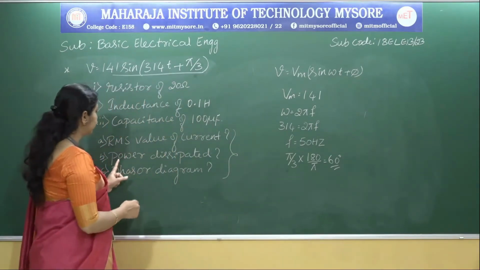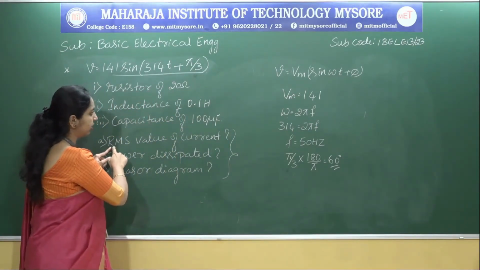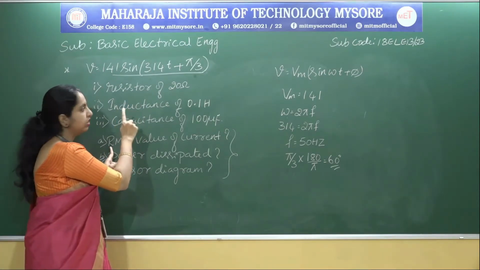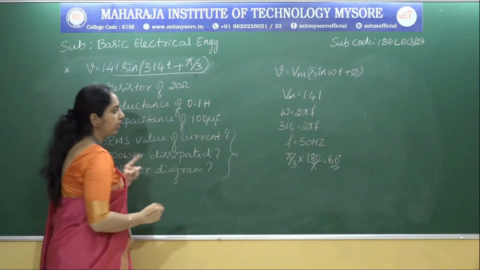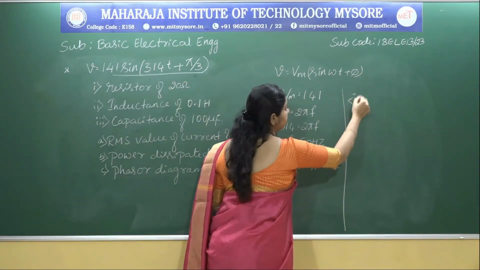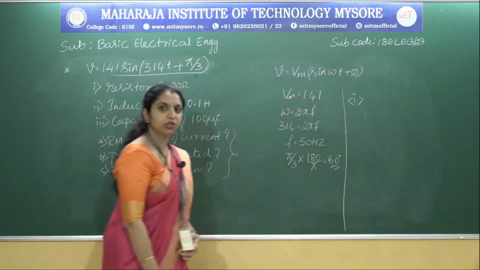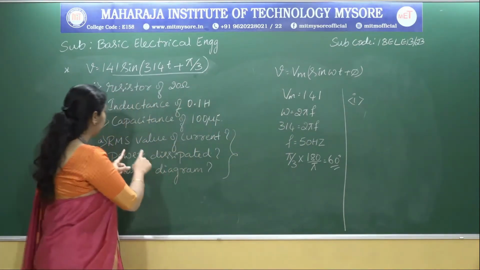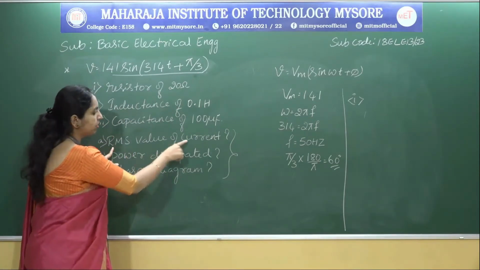In the first case, we consider the circuit consisting of only a resistor of 20 ohm. The R value is given here, and we need to calculate the RMS value of current.